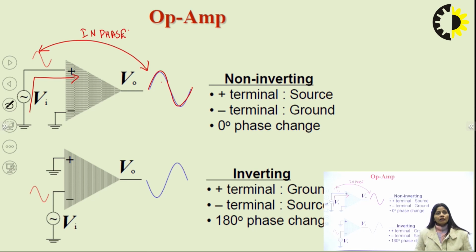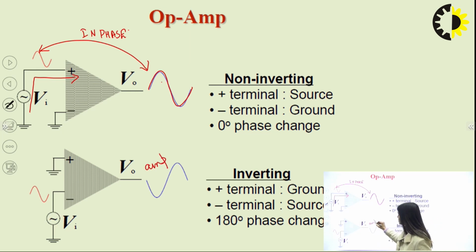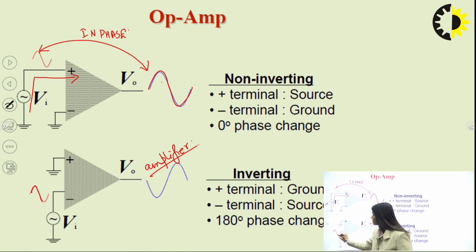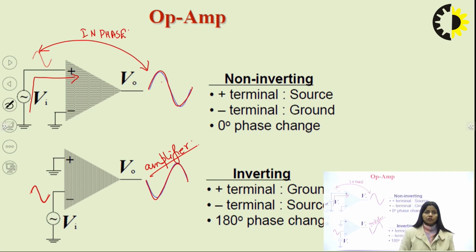Whereas when we give the supply to the inverting terminal, the output is amplified, of course, since we are passing it through the amplifier circuit. But here the signal has a 180-degree phase shift. The positive side has been converted to the negative and the negative part of the waveform has been converted to the positive. That means a 180-degree phase shift we can see very clearly in this diagram.